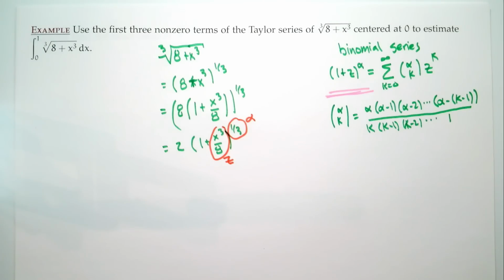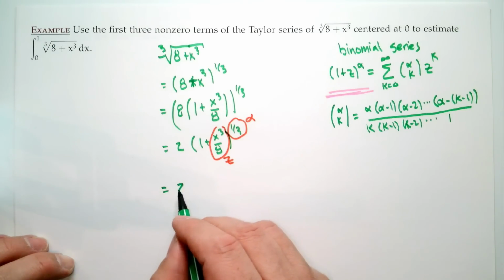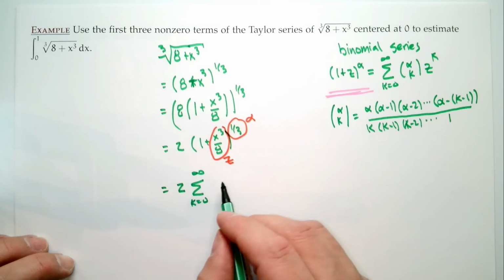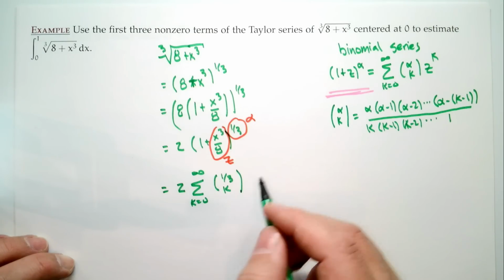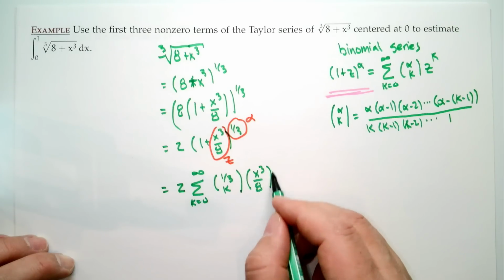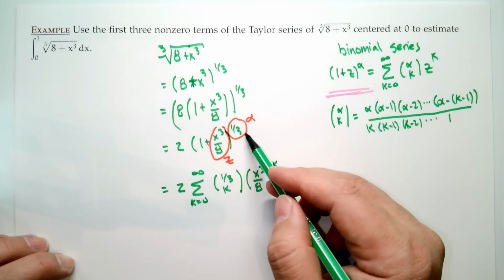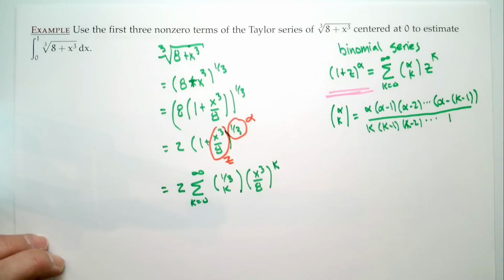So now I can finish this up and say that the power series is 2 times the summation, k equals 0 to infinity, of 1/3 choose k, times x cubed divided by 8, to the k power. Alpha is 1/3, so I put in alpha is 1/3, and z is x cubed over 8, so I put in z equals x cubed over 8. So that's the series. Now, how do I use this?